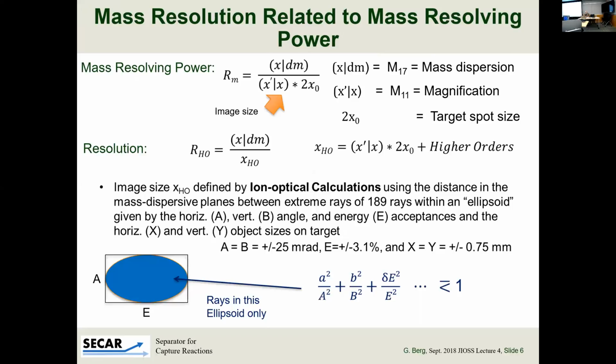There are no events, so I limit the acceptance in angle, horizontally, vertically, and in energy, and sometimes I do without the energy, smaller than 1, limits it, like in this cartoon here, to the ellipsoid, not the full rectangle, because this is a big angle. The higher orders quickly increase. You don't want to include those. They are not practical. So these 189 rays.